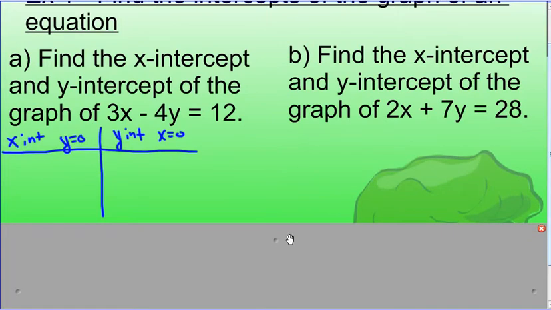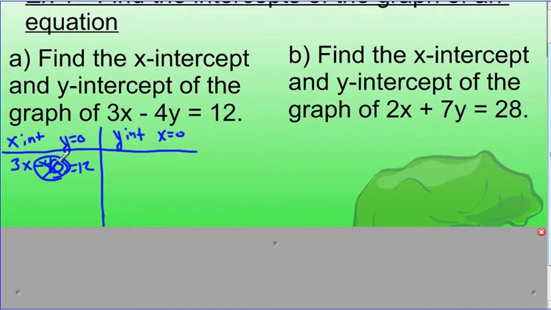Now all I do is I plug in my numbers. So in this side, I'm going to use the same function, but I'm going to plug 0 in for y. So 3 times x minus 4 times 0 equals 12. Well, 4 times 0 is 0, so this whole piece cancels out.